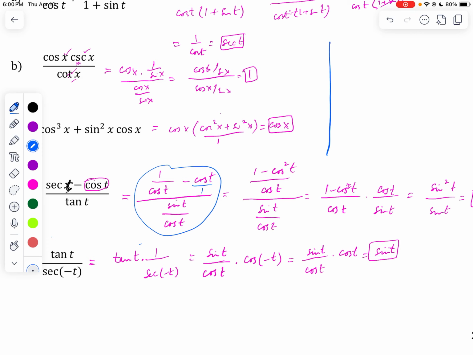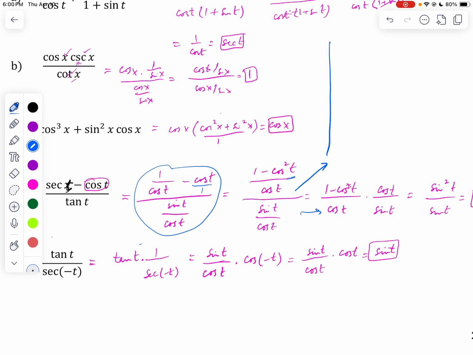Now at this stage there are two ways to go with this. One way is which I wrote here, and the other way is from here. You can go like 1 minus cosine square t, remember, is sine square t, so we will come to that in a minute. But before that, notice that the common denominator of the numerator is cosine t, and the common denominator in the denominator is also cosine t.